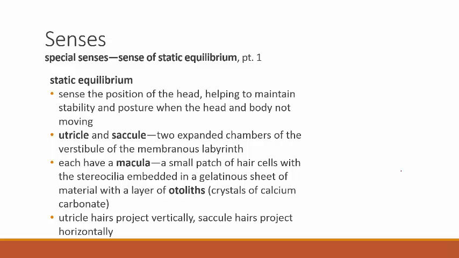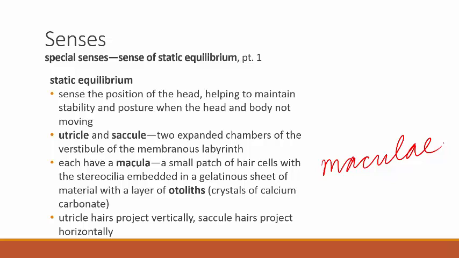The utricle and the saccule are two expanded chambers of the vestibule and of the membranous labyrinth. And on the membranous labyrinth of these two chambers are these structures that are referred to as the macula. The plural would be maculae.